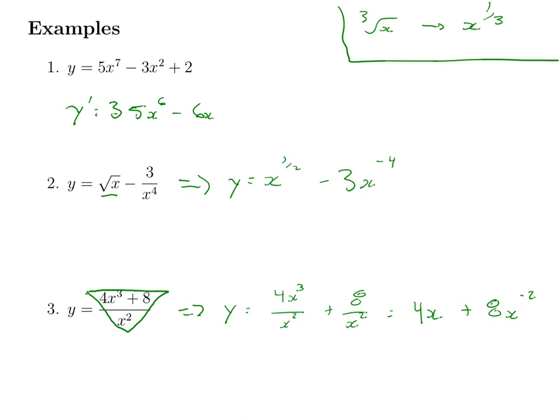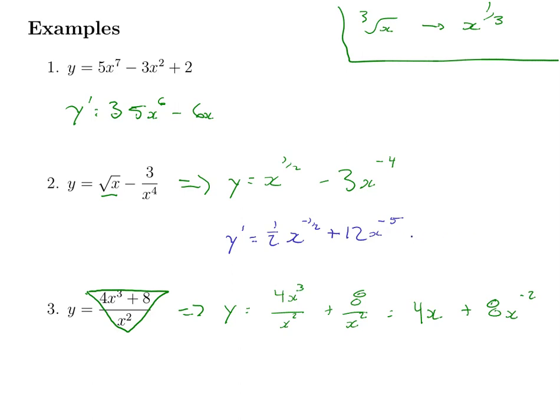So I'm going to switch to blue for my derivatives, but go ahead and see if you can find the derivative of this function and this function using the power rule that we have. So y prime is half x to the negative half. I'll rewrite that in a second and show you what that looks like. And here we're going to have plus 12, if we bring the negative 4 out front, x to the negative 5.